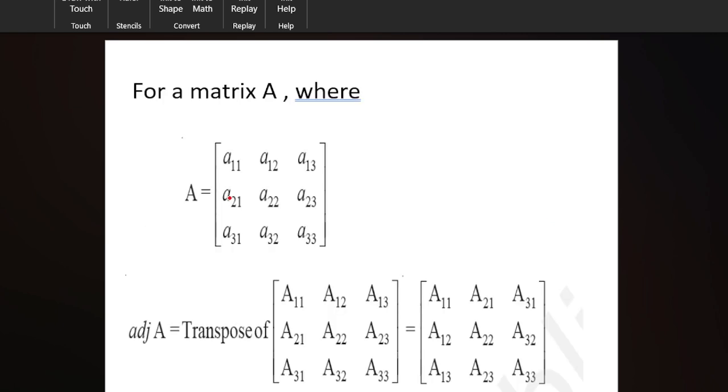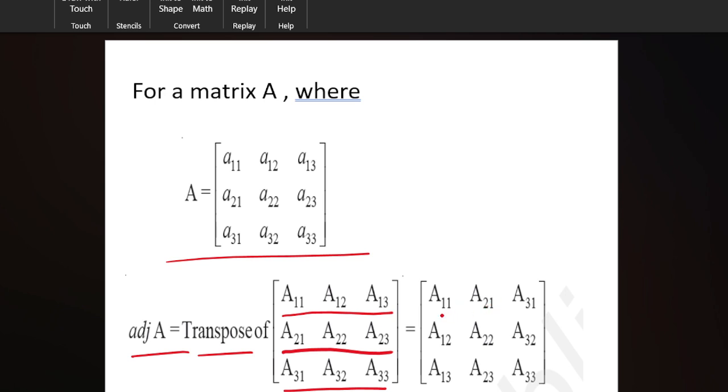Now here, for any matrix A, the adjoint of A is the transpose of the matrix formed by the cofactors. Cofactors of the first row are A11, A12, A13, second row A21, A22, A23, third row A31, A32, A33.